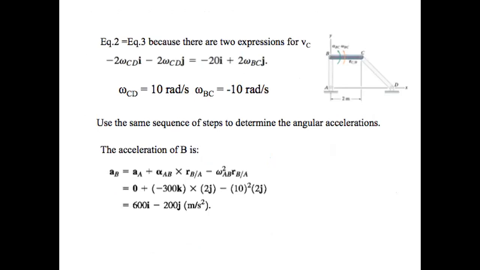Also, we use the same sequence of steps to determine the angular acceleration. The acceleration at point B we can find by this equation because the problem gives alpha AB and also omega AB.